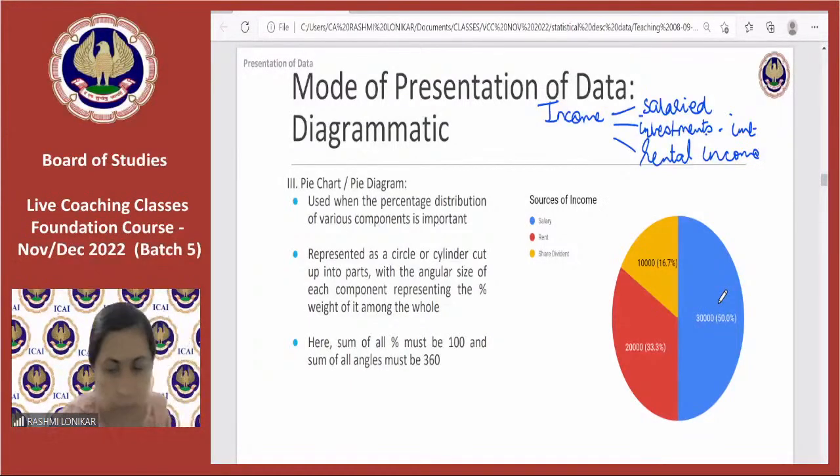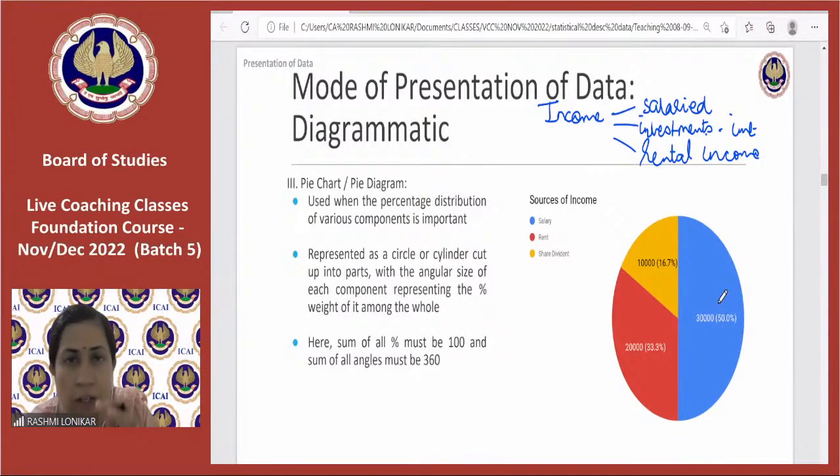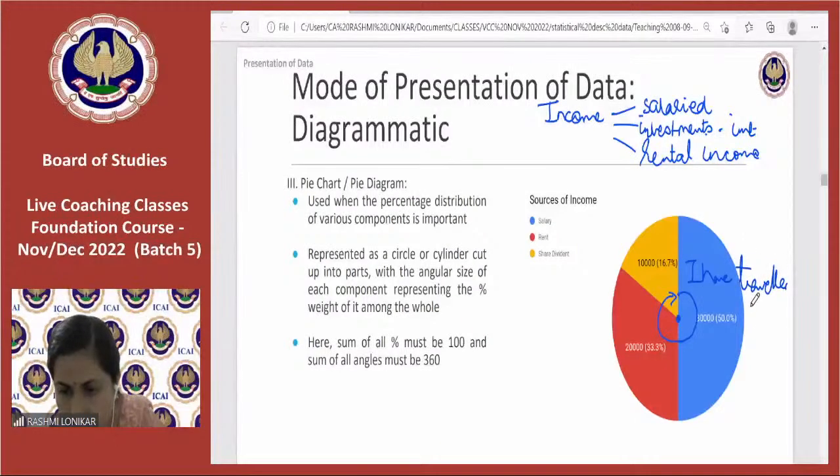Here we are going to consider the total, in this example the total income, and compare it with 360 degrees. Because as you know, in a circle, if I start from here and come back here, I have traveled 360 degrees.